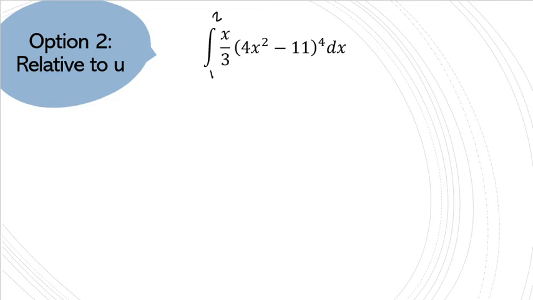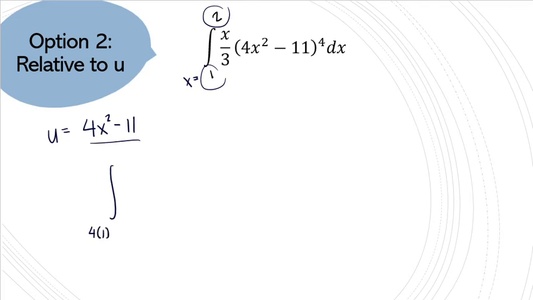We're going to do the same kind of stuff. We're going to end up with u equal to 4x² - 11. But I want to change my boundaries now to be relative to u instead of relative to x, because these are really like x is 1 up to x is 2. And I want to have it be u. So all I have to do is sub it in. It'll be 4 times 1 squared minus 11.